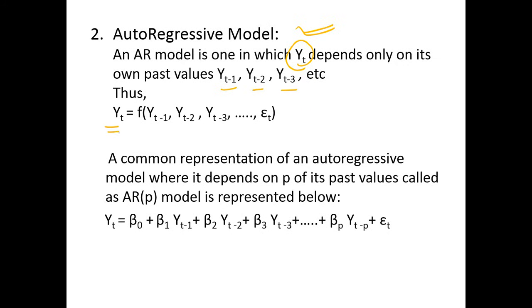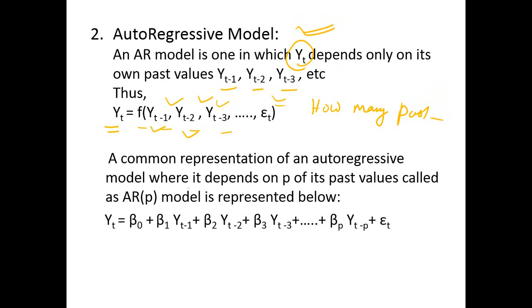So yt is a function of the different past values and the error term. But now the question is, how many past values to use? Will you take only yt minus 1, or also yt minus 2? We'll see how we determine that.